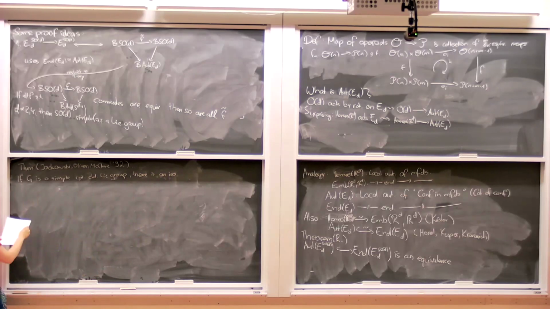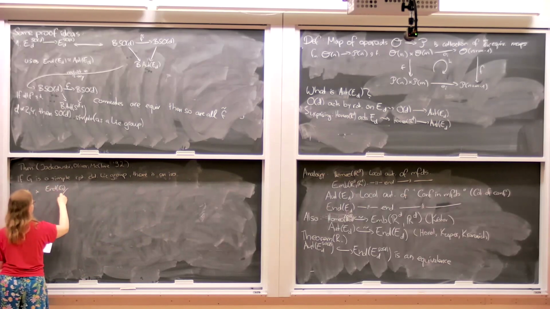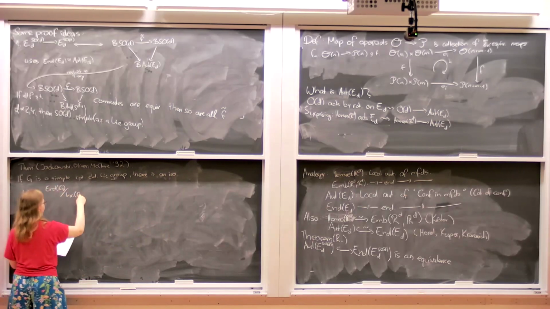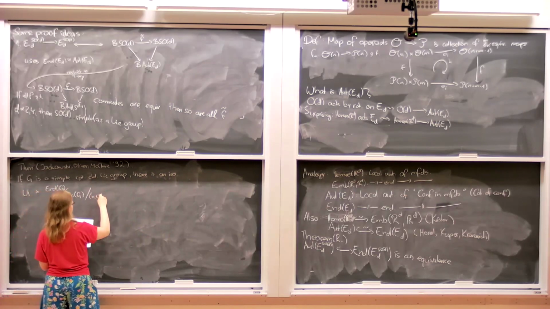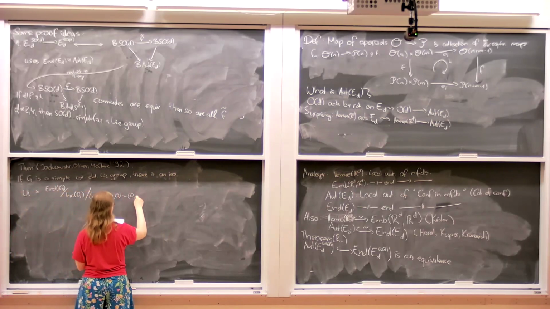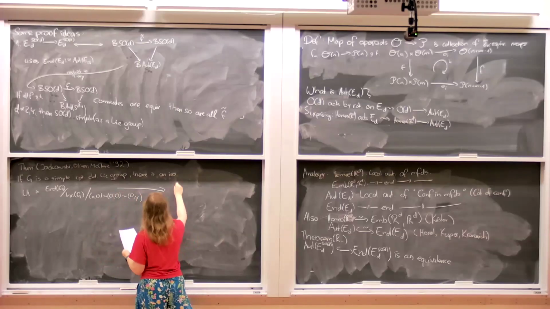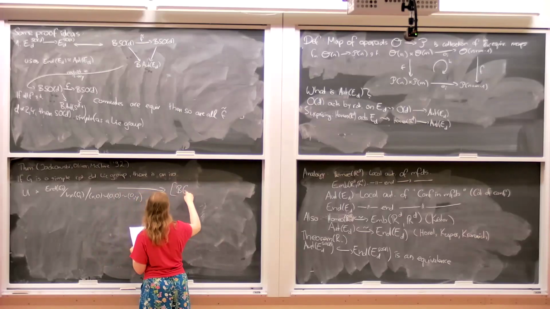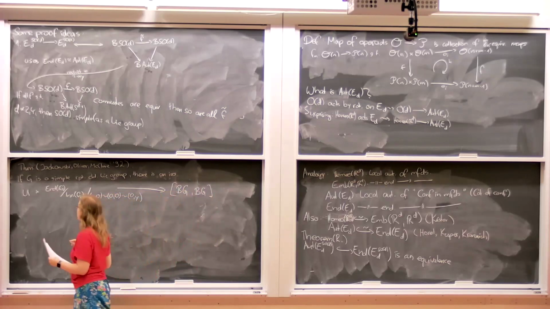Okay, so we go from U times G, some quotient of this product, to the homotopy classes of self-maps of BG.